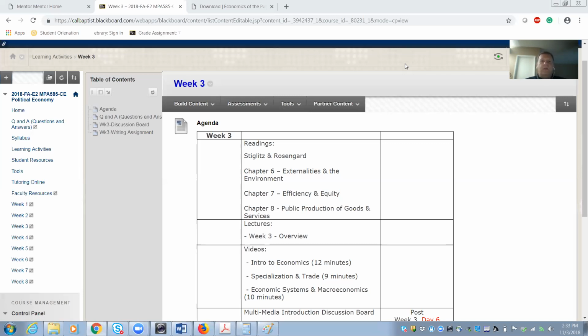So as you go through this week and you work on your discussion board assignment and your written assignment, the one area that I really want us to focus on is the issue of externalities and how government gets involved in regulating these externalities for the purposes of equity as well as economic efficiency.